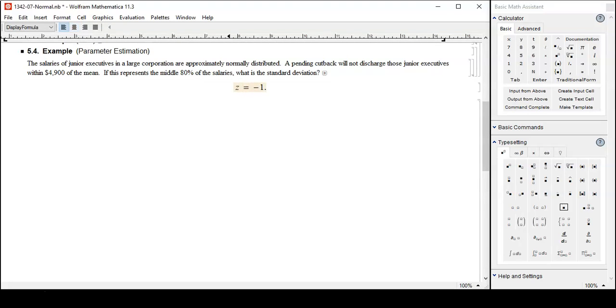So z is negative 1.28, which is the end minus the center over SD. I know neither x nor mu, but I know x minus mu is negative 4,900.